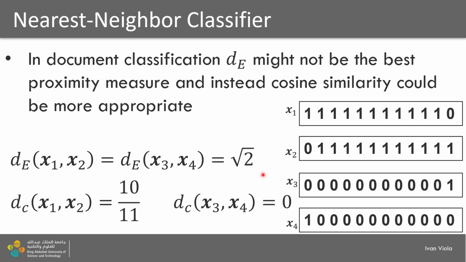So it is important to mention that here we have the smaller the better, because the Euclidean distance is a distance measure, but the cosine similarity is not a distance measure because it measures similar objects as having value 1 and dissimilar objects as having value 0.